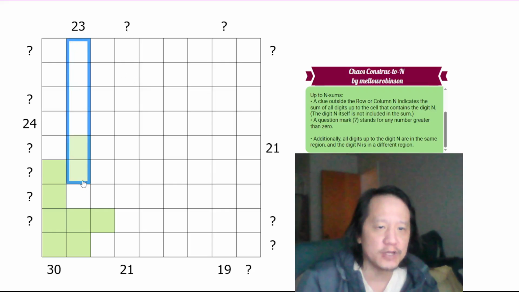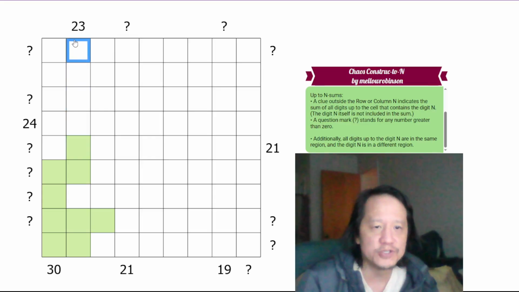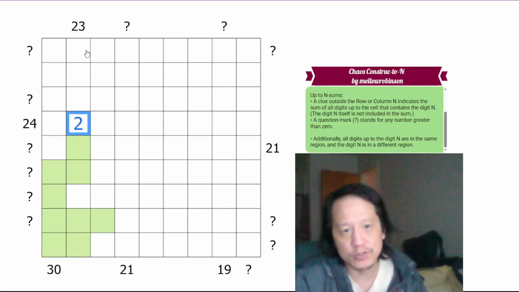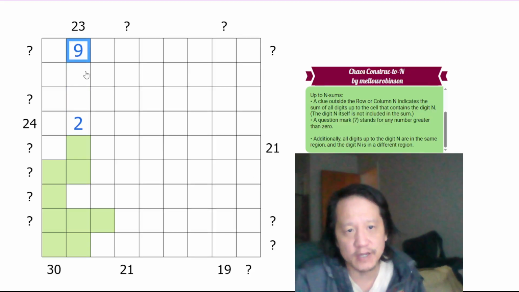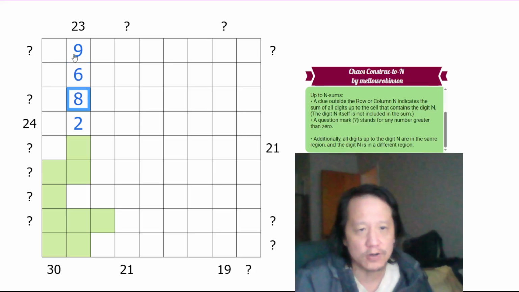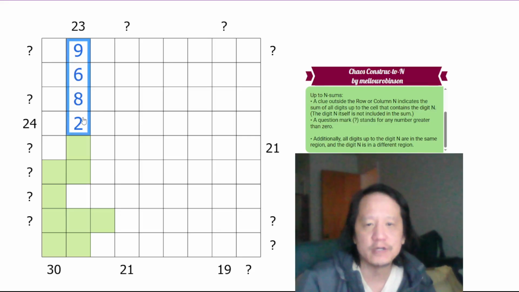This 23 says that until you reach the 2, all the digits before that must add up to 23. So you could have, for example, a 2 here, and then 9, 6, and 8 here. This would be valid because the digits before you reach 2 add up to 23. So that's an example of how up to n sums work.